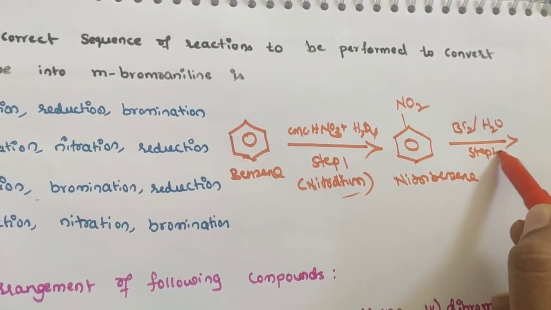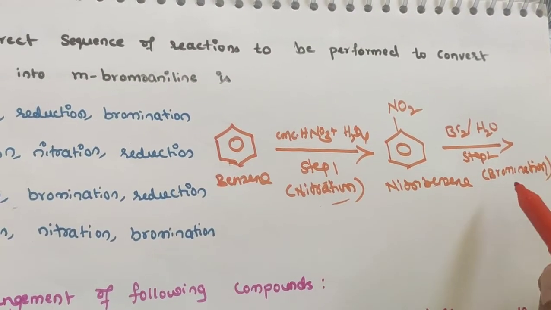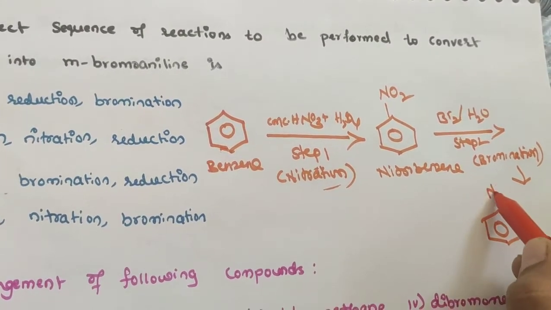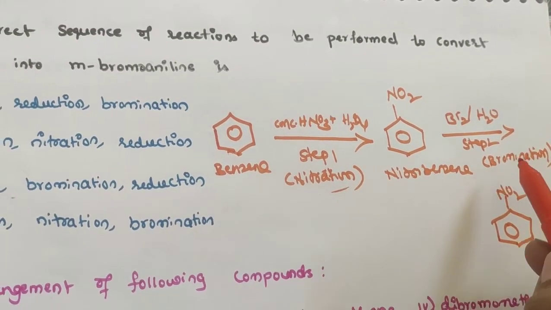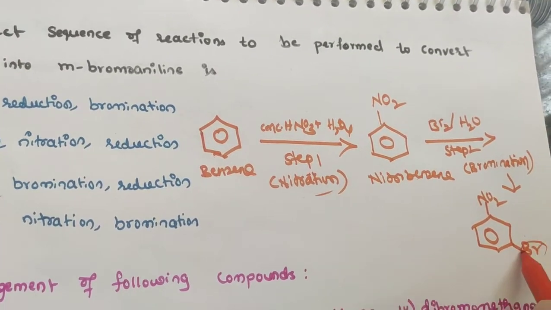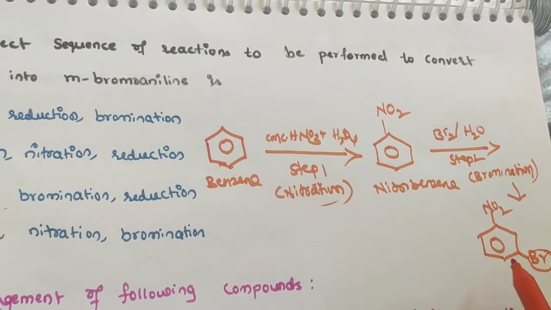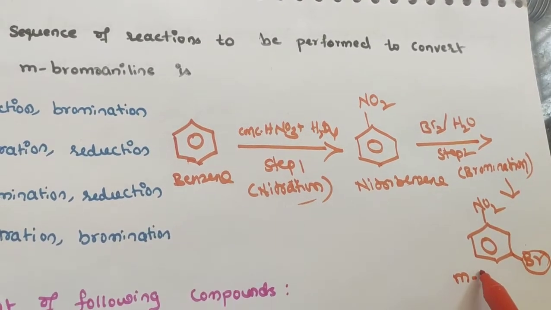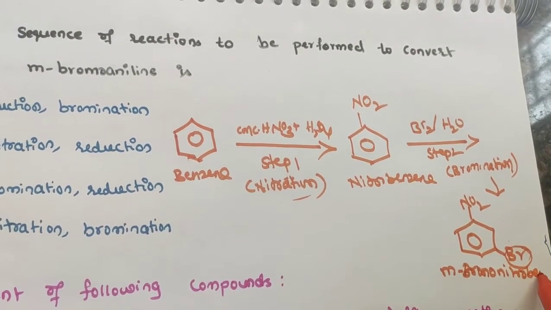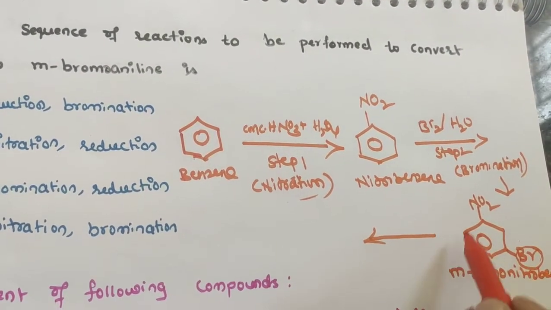This is step 2, and this reaction is called bromination. Since the nitro group is already present, the bromine is substituted at the meta position. So the product obtained is metabromo-nitrobenzene.